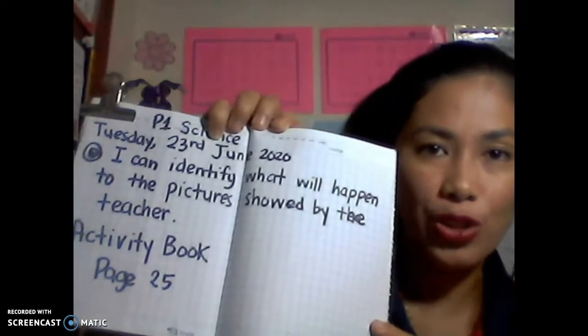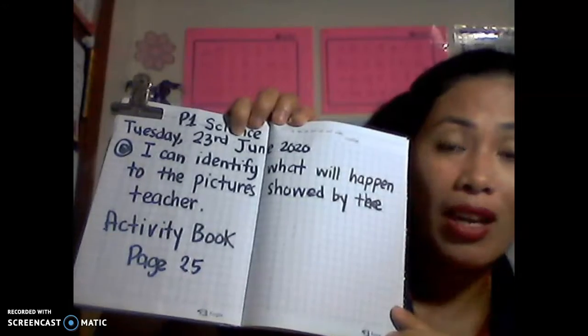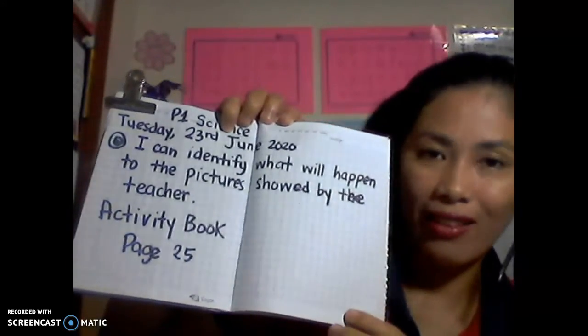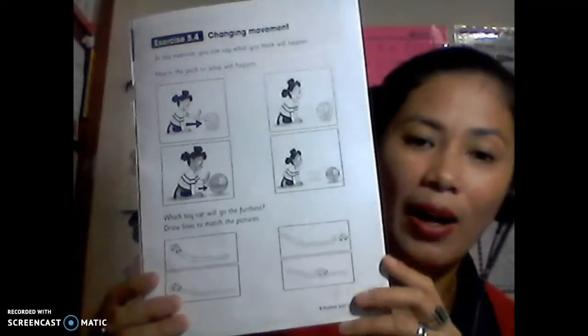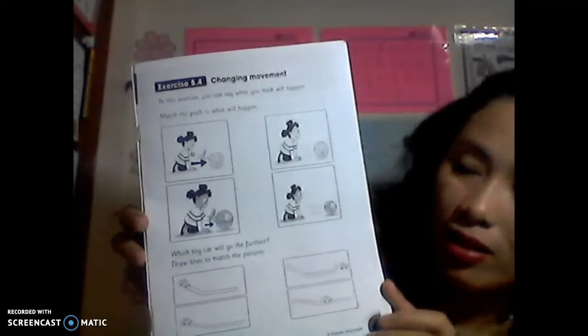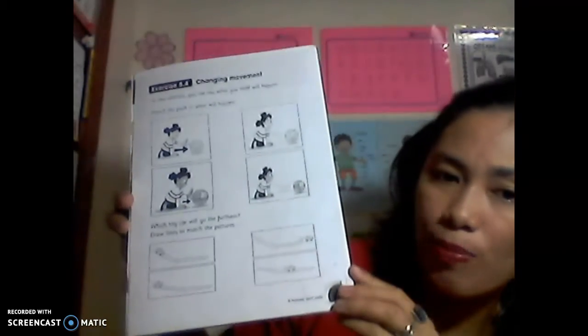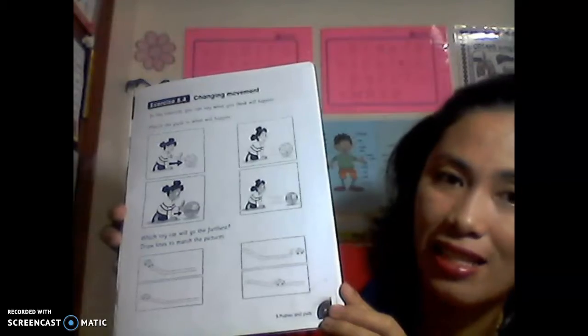For now, I want you to get your activity book and open it to page 25. Very good. Okay, so here, you ready? Good job. So here is the activity book. These pictures are about pushing things, right?